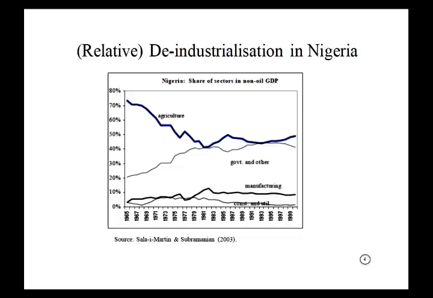Other sectors are becoming more and more important, especially the government and the service sector, but manufacturing has not been increasing relative to the other sectors. This gives you the share of each sector. Manufacturing has been around 10%. A classic example of deindustrialization. You have oil price booms, exchange rate appreciation, a lot of cheap imports, and your industries cannot compete.